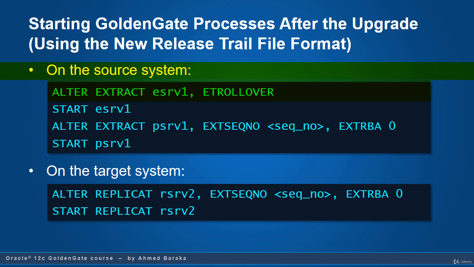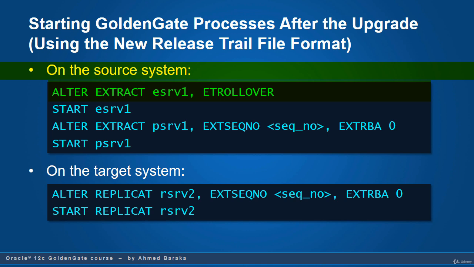This option makes the extract process create a new trail file when it is started. The new file will have the release number of the new Oracle GoldenGate software. This means that only the replicate of the same Oracle GoldenGate release can read from this extract trail file.